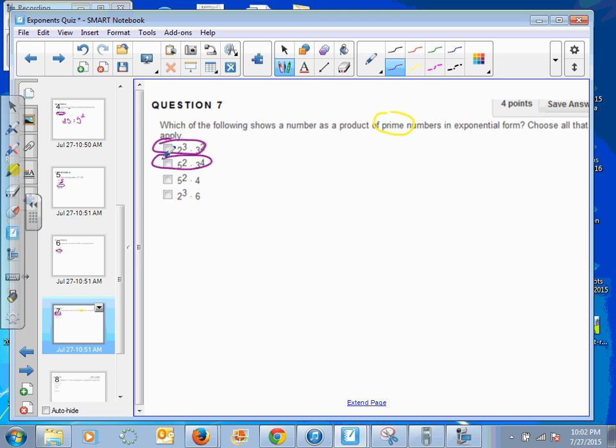The bases need to be prime numbers, so those are good. 5 squared times 4 is not it, because 5 is prime, but 4 is not. It can actually be written in exponential form as 5 squared times 2 squared, since 2 squared is the 4. Okay? 2 to the third times 6: 6 is not prime, so that's not what we're looking for. So just those first two choices.